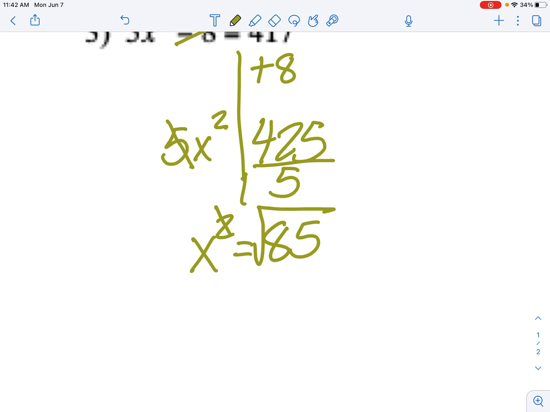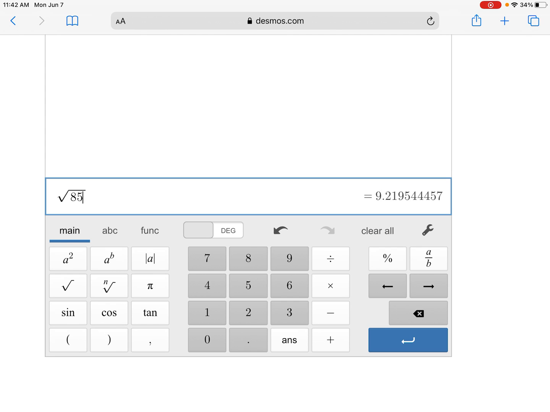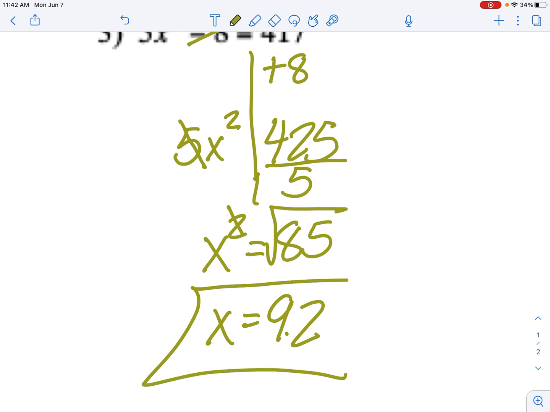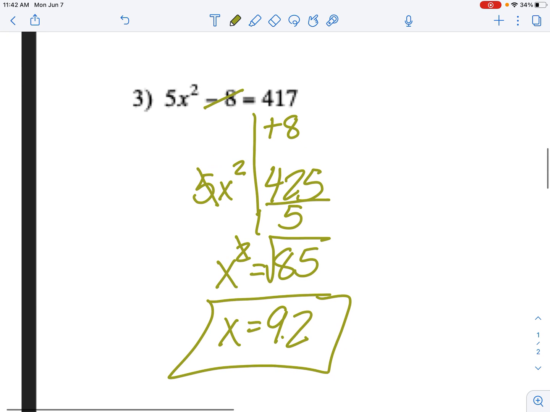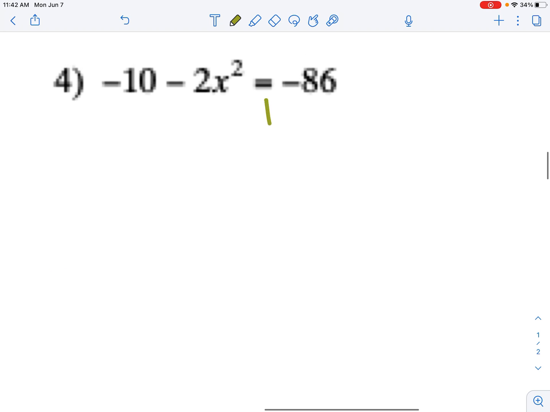The opposite of squaring is square rooting. The square root of 85 is 9.2 as well. X is equal to 9.2. So we're finding the square root on these.